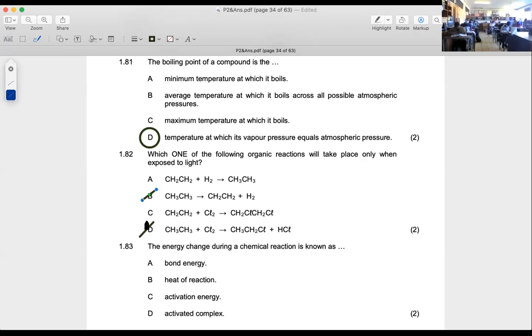I think it's this one, but you've got to read that section around page 110, and then just remember the conditions. Write all the conditions under which things occur. But I vaguely remember when you take ethene and bromine water, you add the two, you've got to put it in sunlight and you get that. So if I were to guess, I would say it's probably that. But I'll put a question mark and you can just check it.